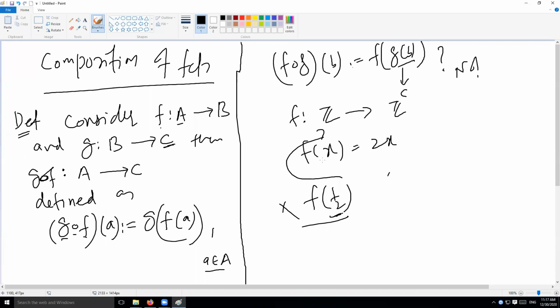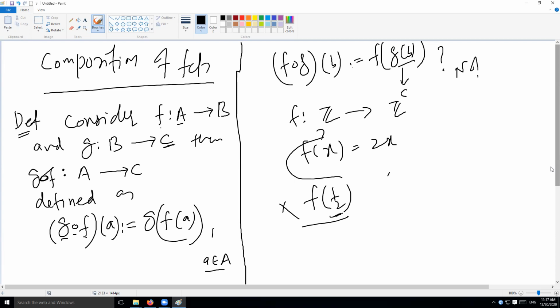So every machine has a certain set of inputs.